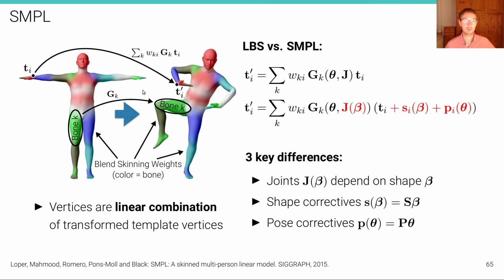And in order to model the shape variation, of course, we have to change the location of the surface point. And we have to model that. And that depends on the shape parameters, which are called beta.